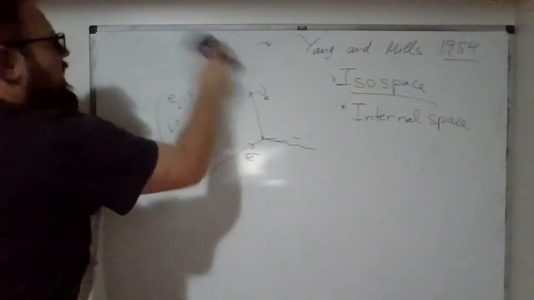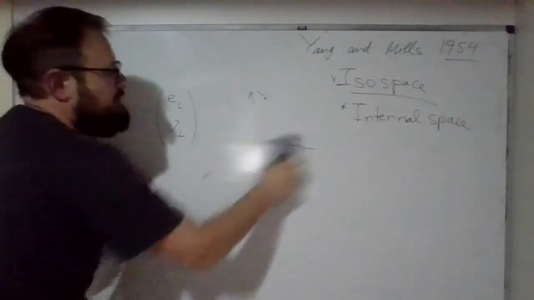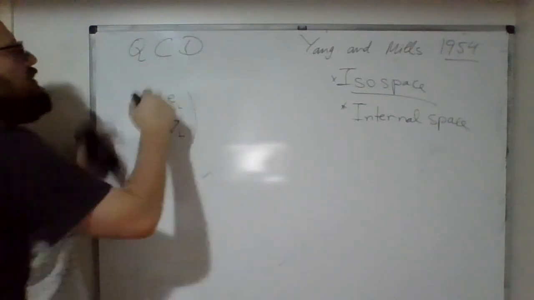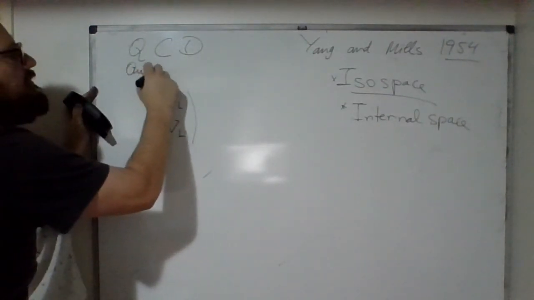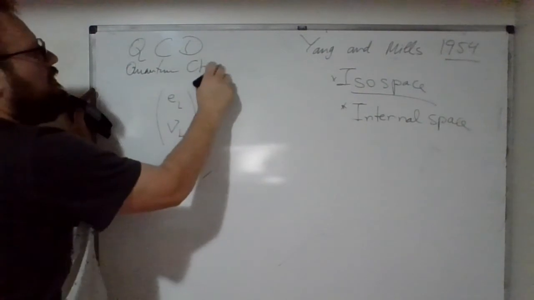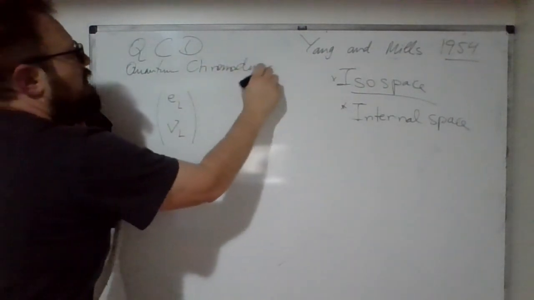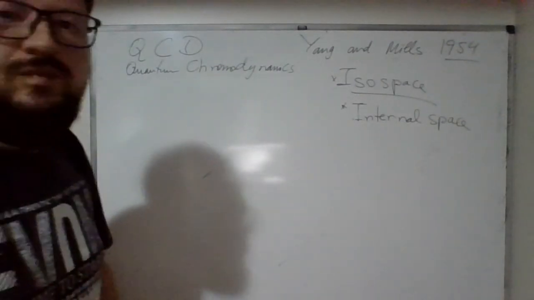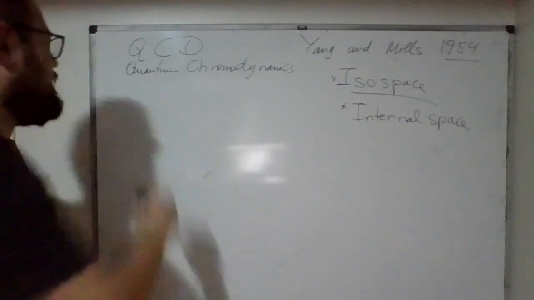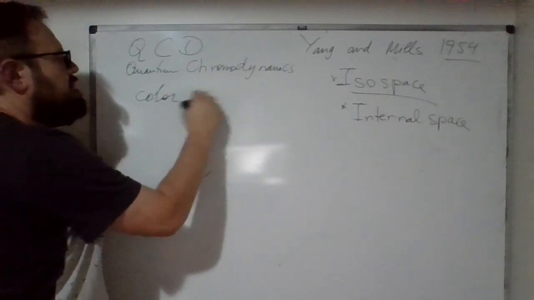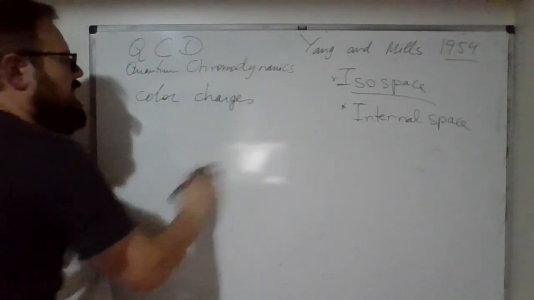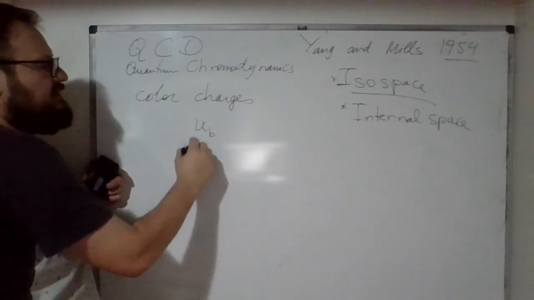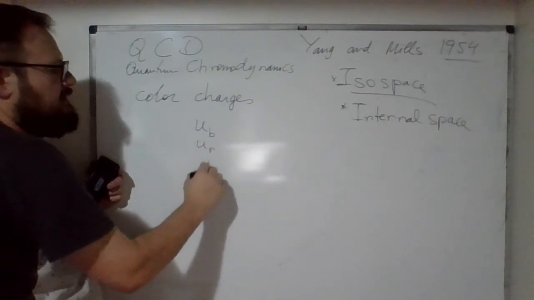Also in chromodynamics, which describes the interaction between quarks. So this is called QCD, Quantum Chromodynamics. You use three charges, which are known as color charges, and the quark, say the up quark, can be in any state of charge: blue, red, and green.